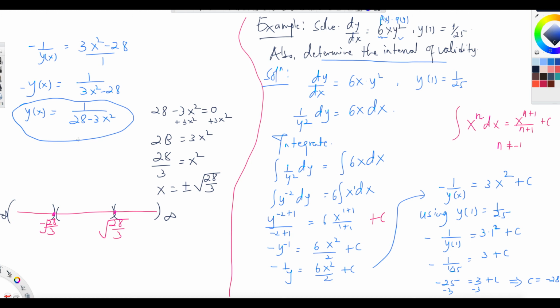So what we do is check the given initial condition, where x belongs. x equals 1 belongs in the middle, right? So this is the interval of validity.